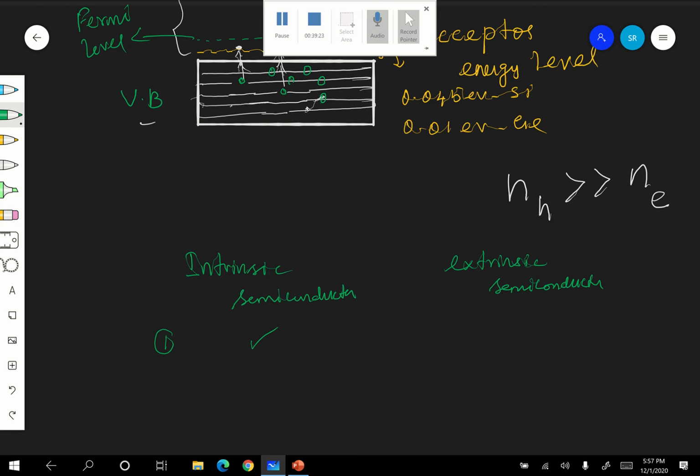Right, then in the case of intrinsic semiconductor, the number of free electrons will be exactly equal to NH. But here, depending upon the type, if it is n-type, Ne will be larger than NH, and if it is p-type, NH will be larger than Ne.